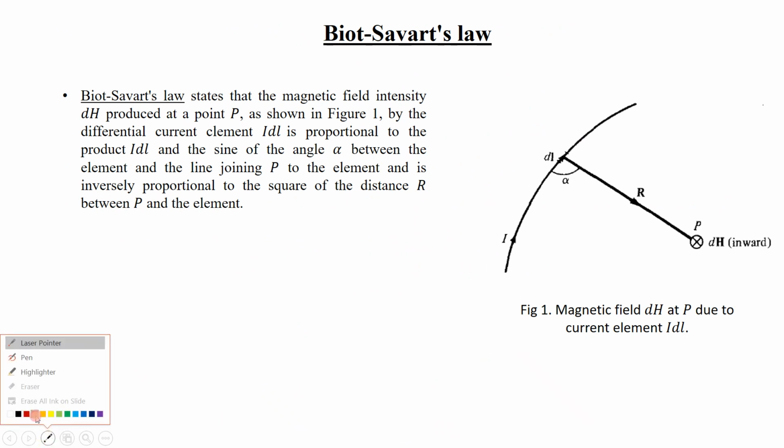In magnetic field, we will not talk about electric charge, obviously, because in electric field we have discussed that an electric charge creates an electric field. But in magnetism, we don't have a point pole, and we will also not take a bar magnet.